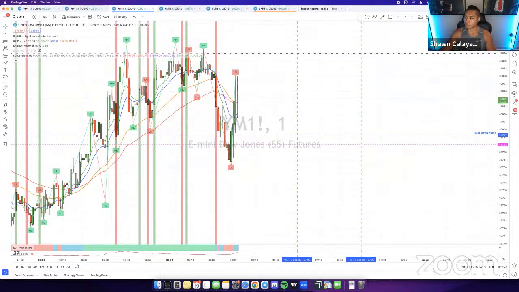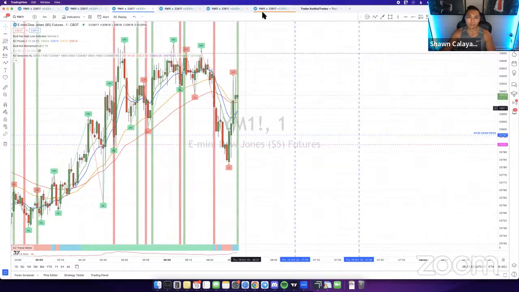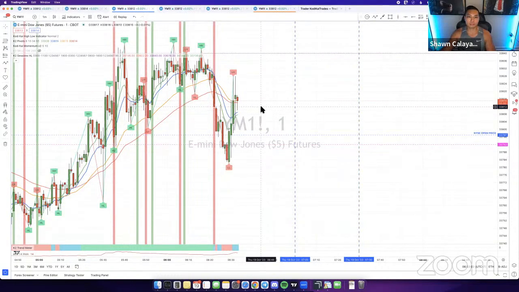There's not really too much going on. We're basically looking for 2 red candles. If you can get 2 red candles here, then it's going to be a setup for a breakout V2. Otherwise, there's nothing for us to take right now.